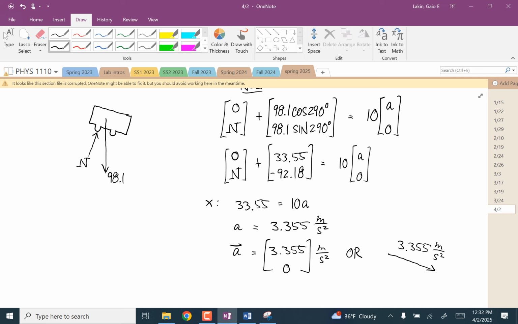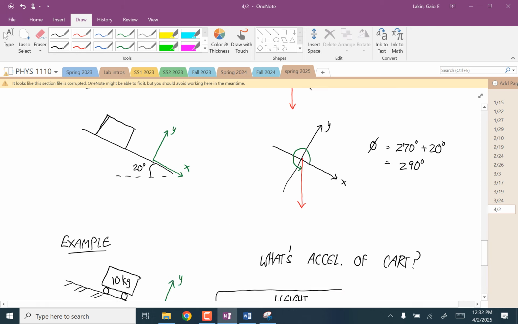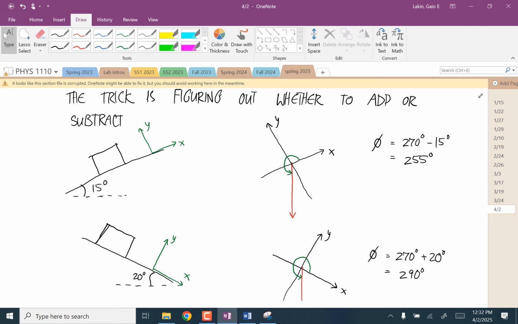So if the arrow is straight down every time, how do you know when it changes, like when it's more or less than 270? The key thing is that, remember when we did the vectors assignments, the way you figured out what to use with cosine and sine is you start at the x-axis and go to the vector.